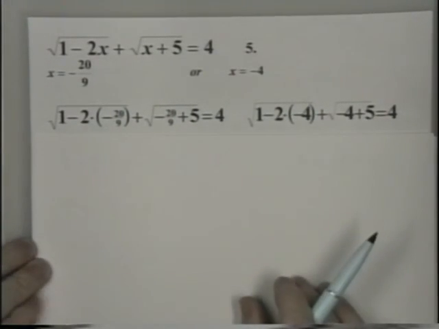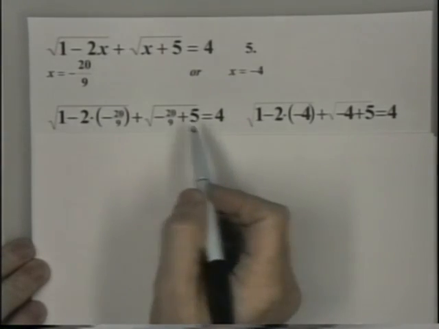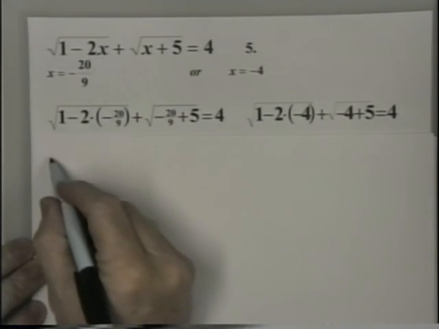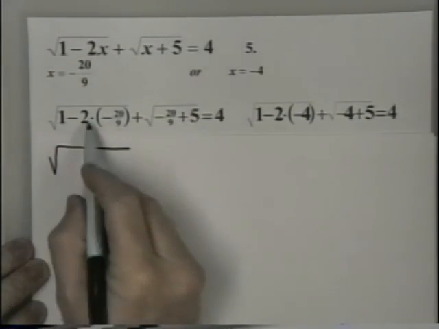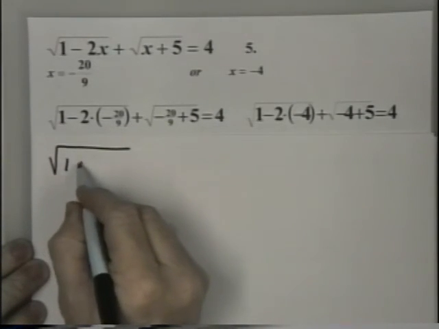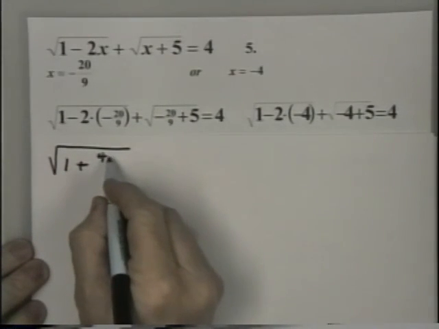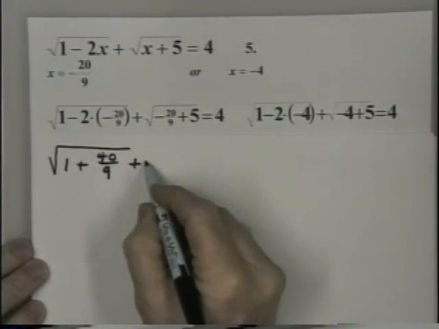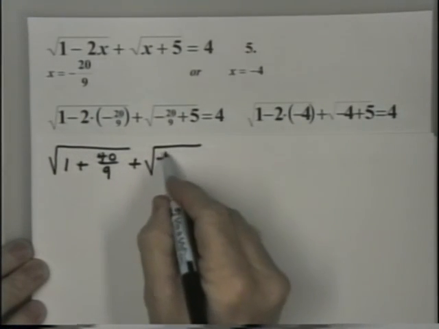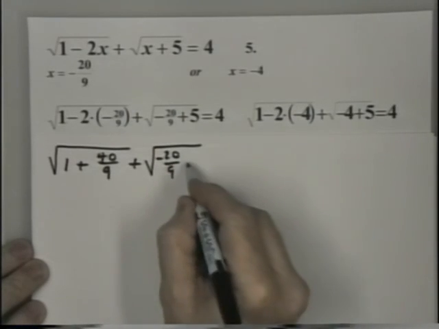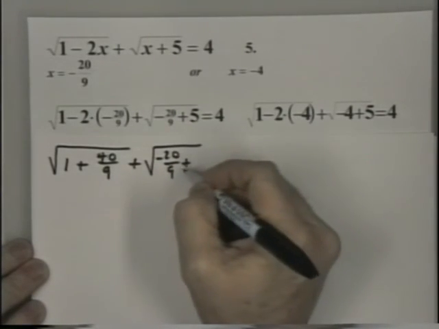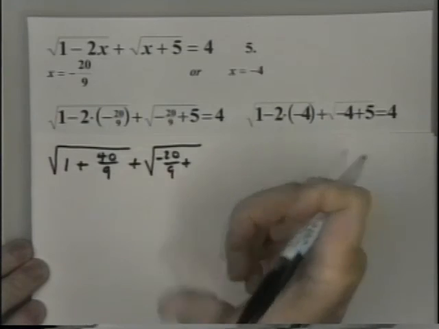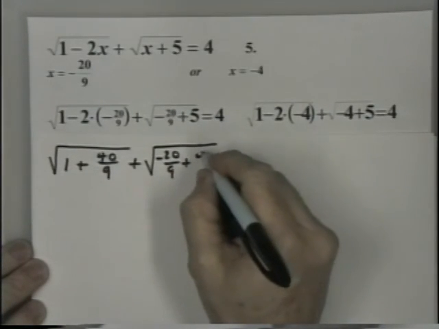Again, these are awfully messy. Why don't we work this out by hand from here? So let's see. We get the square root of, if you multiply those two together, you're going to get 40 ninths there. And over here you got a negative 20 ninths plus, well, I know I'm going to have to change that to ninths, so let's just go ahead and do it, 45 ninths.